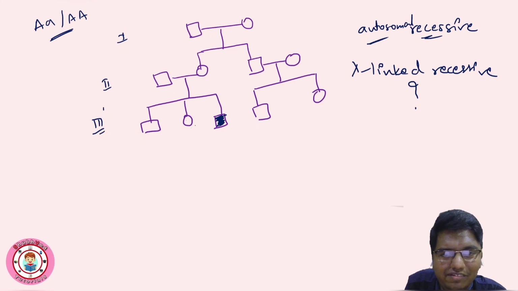If I draw a colored one here, this is a male and he is affected, so the parent will be the carrier here. And again from this will be the affected one, because this will be the carrier. The carrier came from here because this will give the normal X allele. So this will be the X-linked recessive.